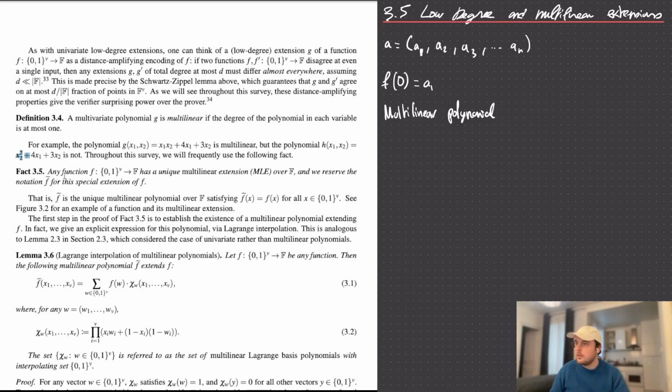It's a multivariate polynomial with degree at most 1.